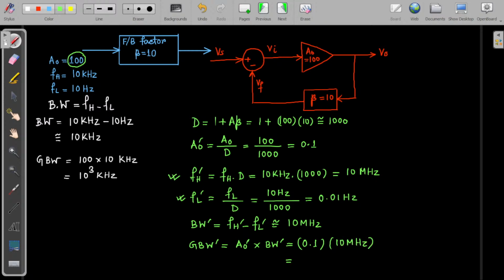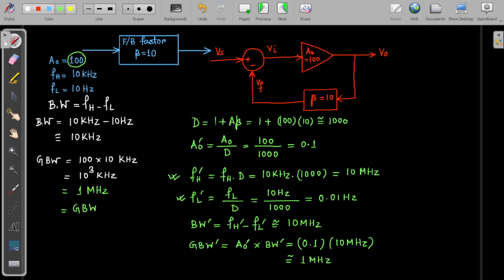So what will be the calculation? You can see it is coming to be near about 1 megahertz. So this was also 1 megahertz, 10 to the power 3 kilohertz means 1 megahertz. So gain bandwidth product is same.